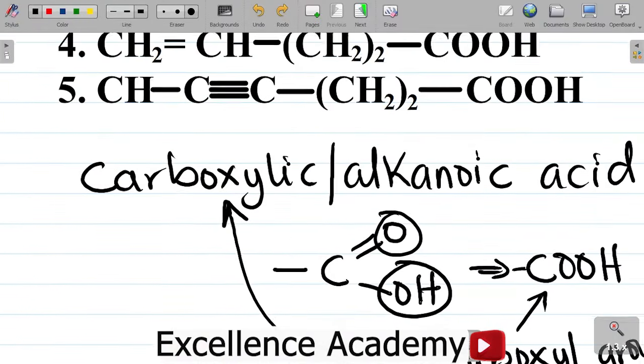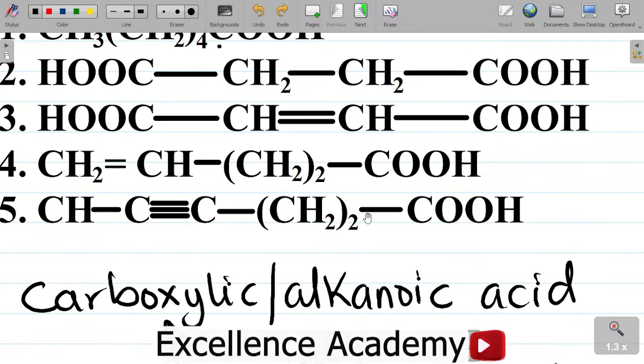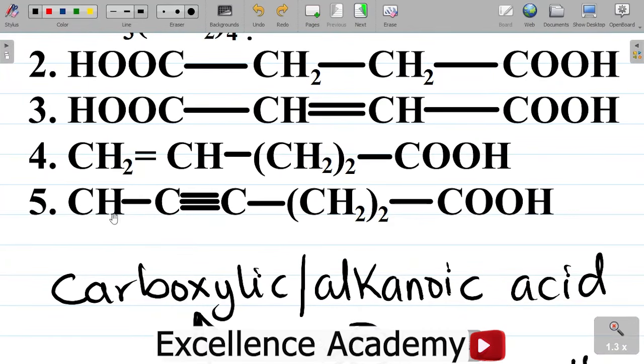Question number 5, last one there. All right, so look at question number 5 here. CH, then C triple bonded to C, then you have CH2 twice, and then COOH. All right, how do you name this?